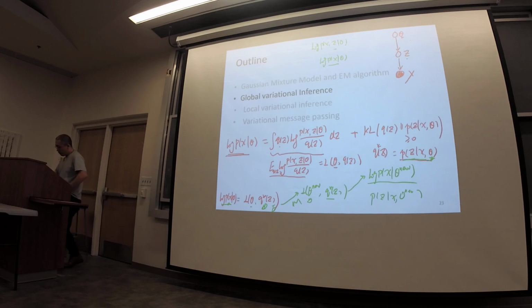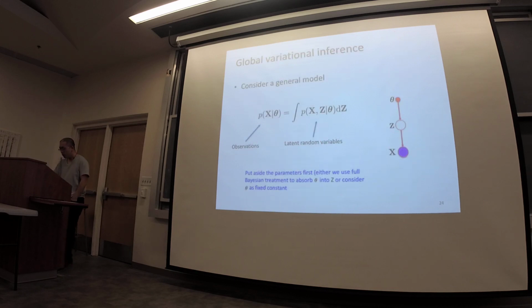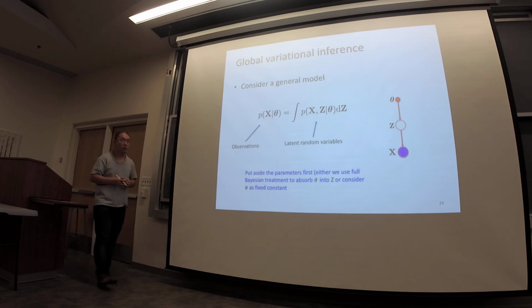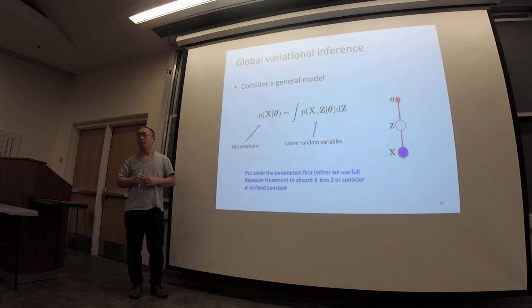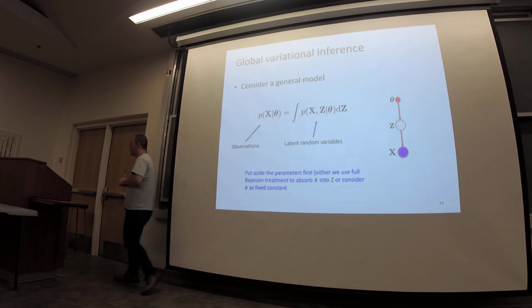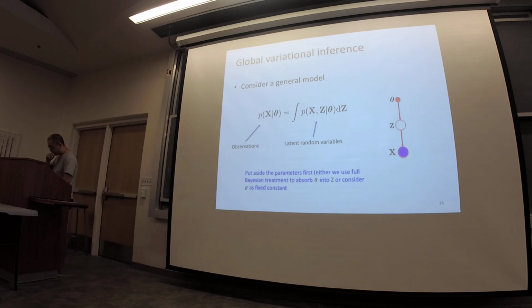Okay, great. So now let's look at the global variational inference framework. I will still consider a general model and derive some general framework for global variational inference. Then we look at some particular examples and detailed updates to experience how we conduct variational inference.